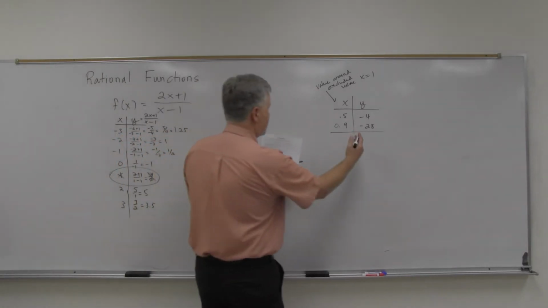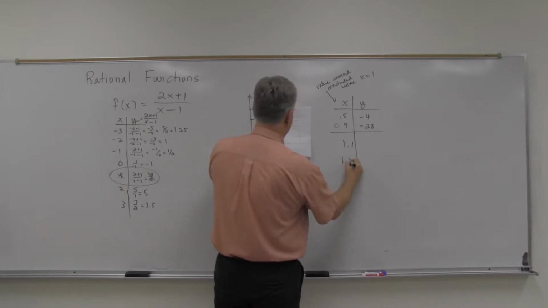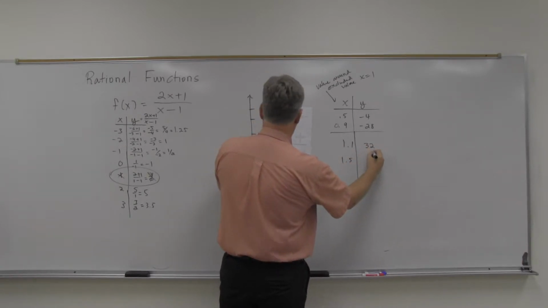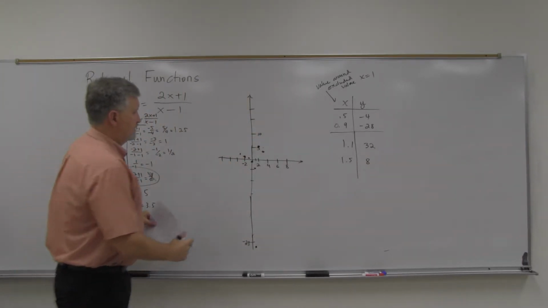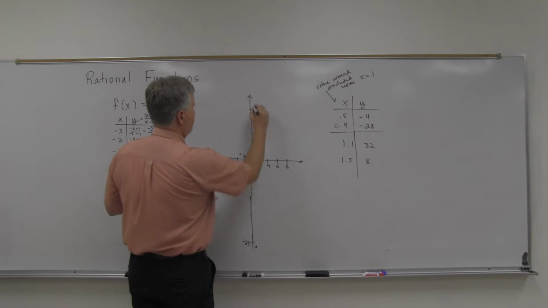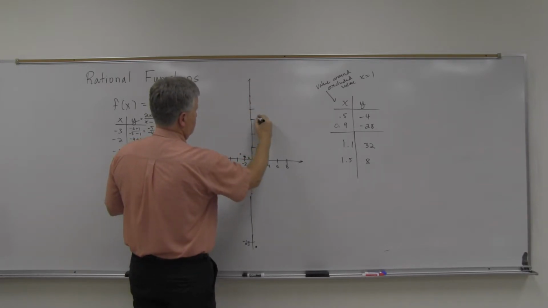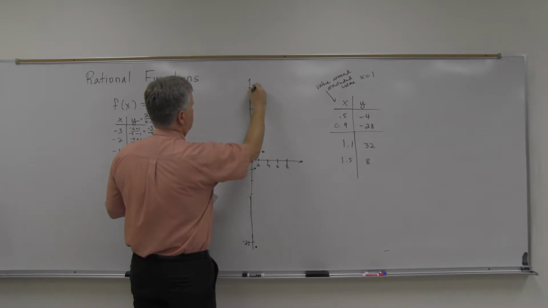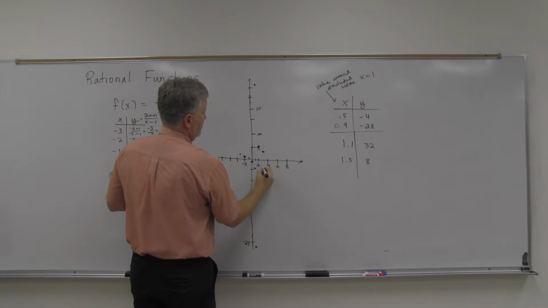Now if I look at the other side of 1.1 and 1.5, I've got values there at positive 32 and positive 8. So at 1.1, it's way up here at 32. And then at 1.5, it's 8.